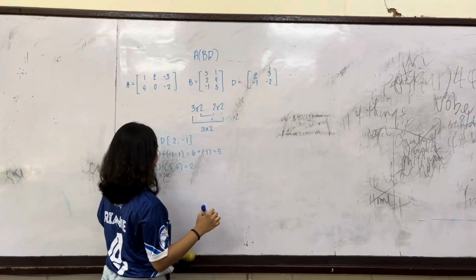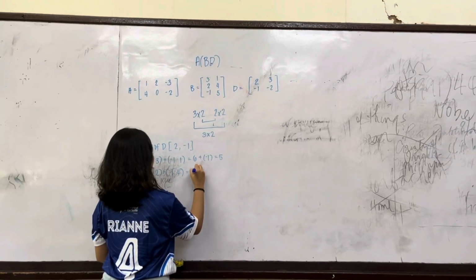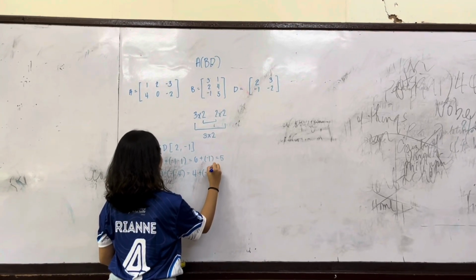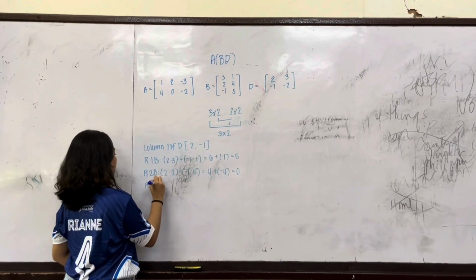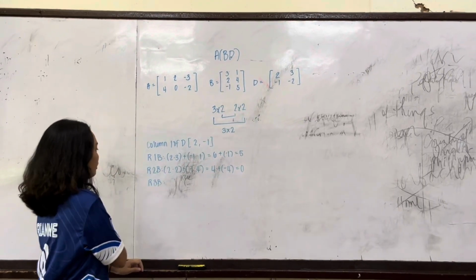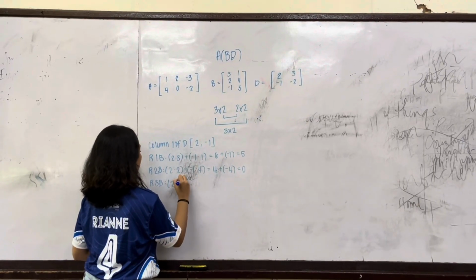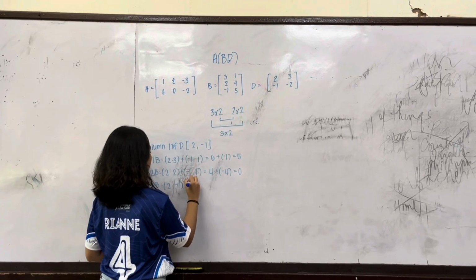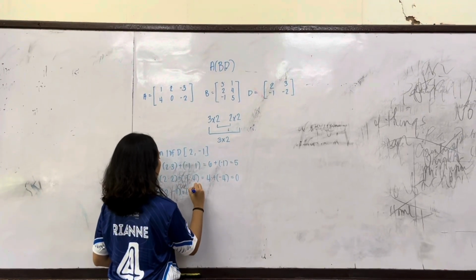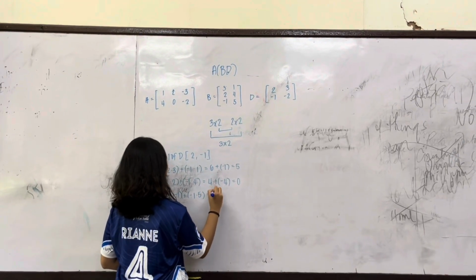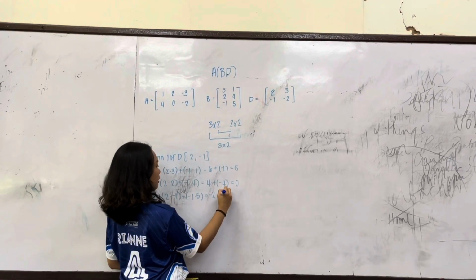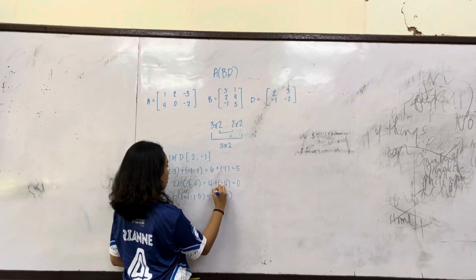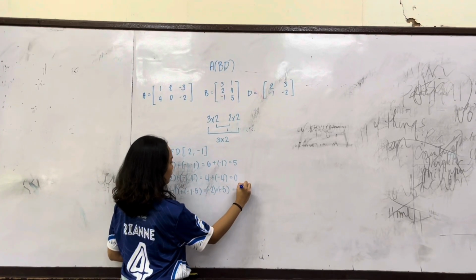So we have 4 plus negative 4, which gives us 0. Last, row 3 of B, 2 times negative 1 plus negative 1 times 5, which gives us negative 2 plus negative 5. When added, we have negative 7.